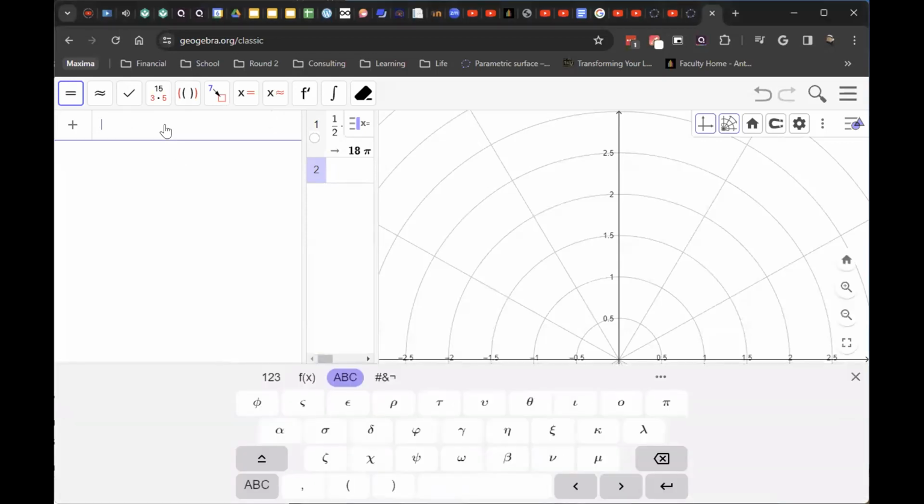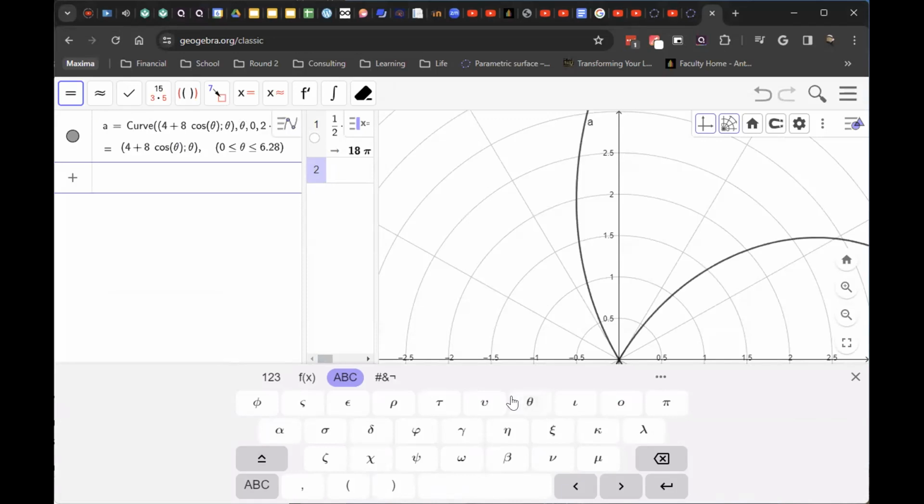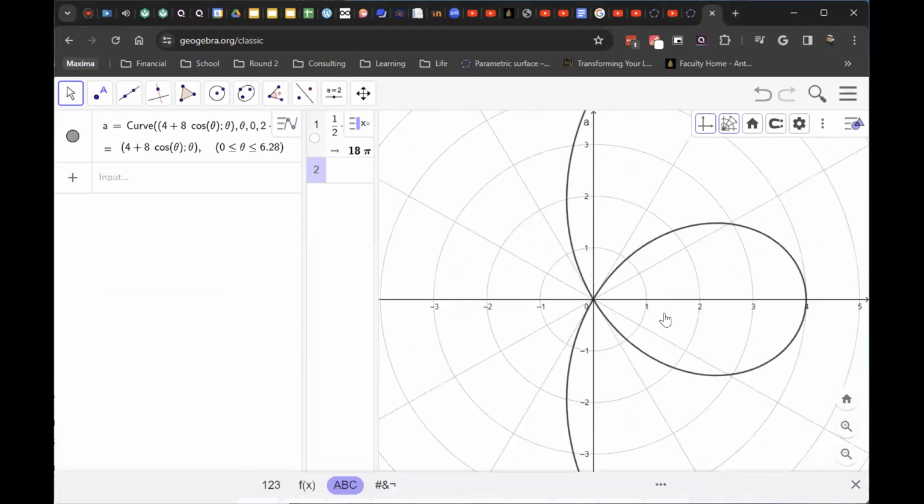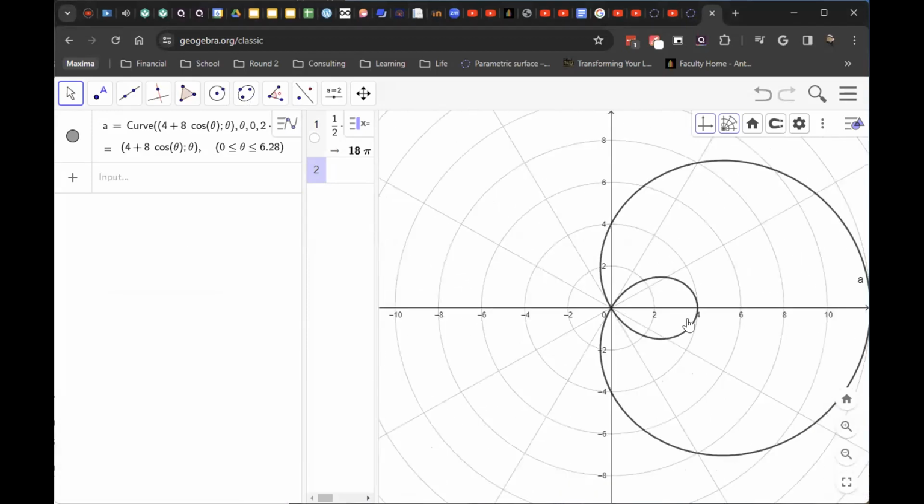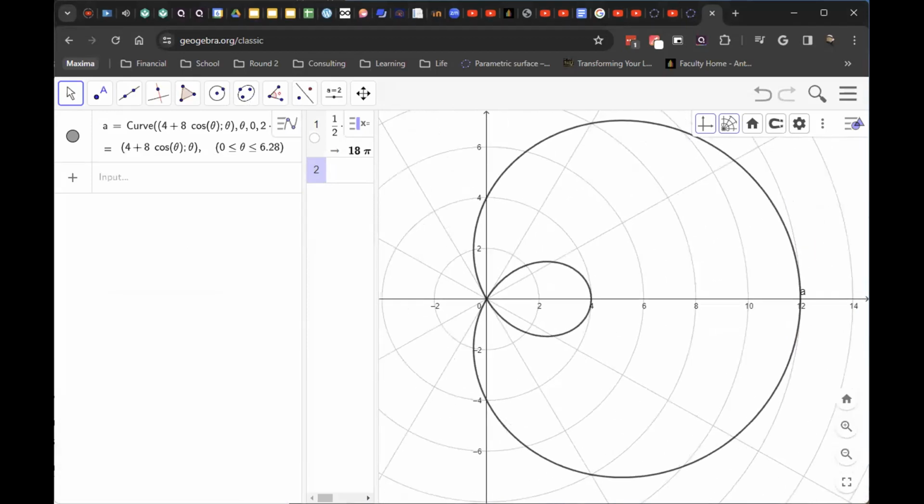All right, this is example 8, and in example 8, we have 4 plus 8 times cosine of theta as our graph. And so if we zoom out over here, let's get a good look at what this looks like. So there is our wonderful little shape, or little limaçon. And so we want to find the area of this little guy here.